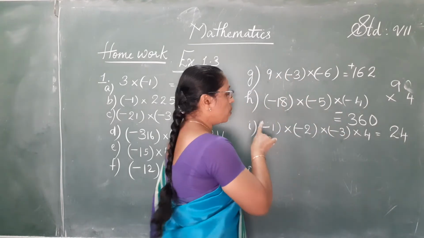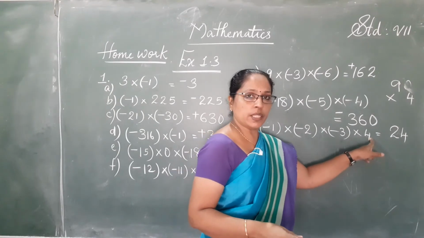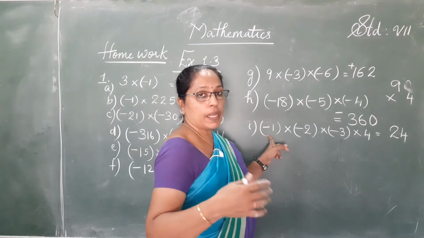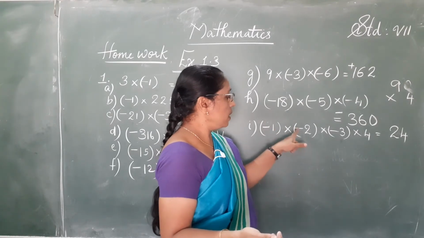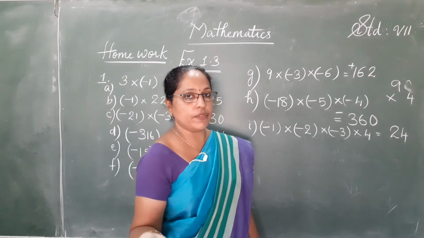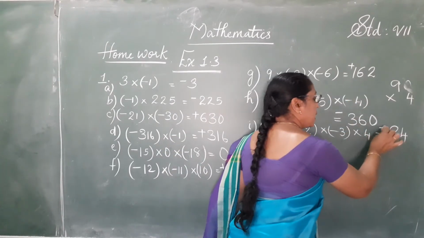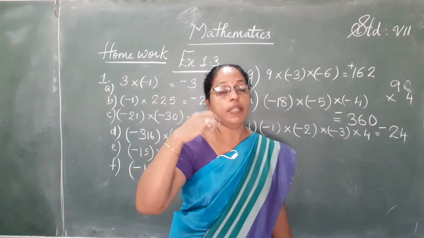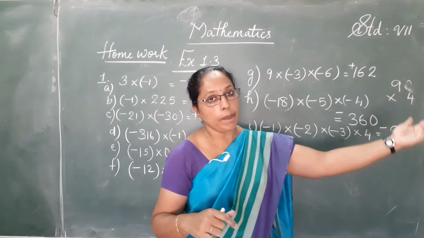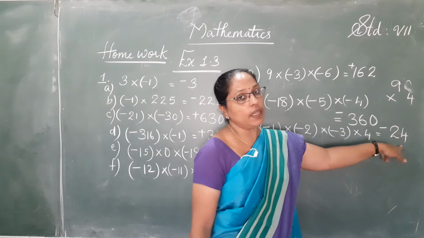Then count the signs. You need to check only the negative signs. Negative has come 3 times, an odd number of times, so the result will be negative. Remember this fact: when negative comes an even number of times in a multiplication, the answer will be positive, and when negative comes an odd number of times, the answer will be negative.